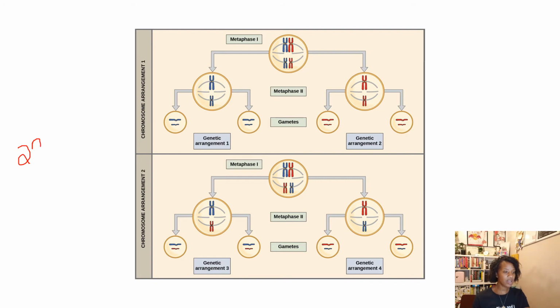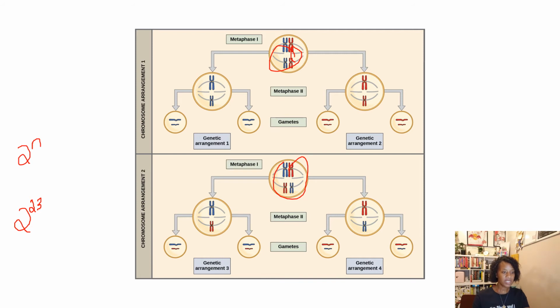So human cells have 23 chromosome pairs, so 2 to the 23 would result in over 8 million possible genetically distinct gametes just from the random alignment of chromosomes along the metaphase plate that we see here.